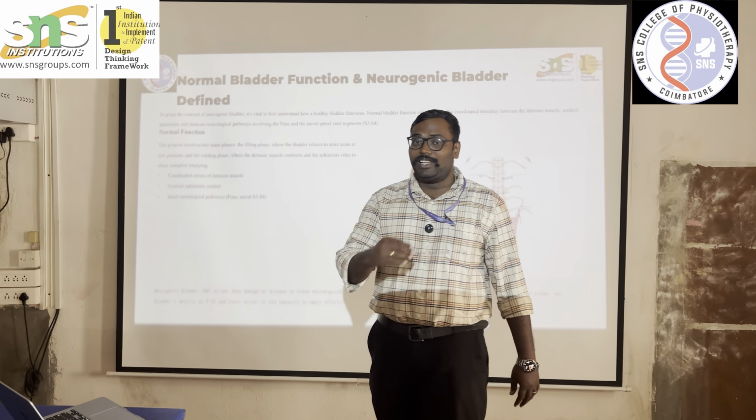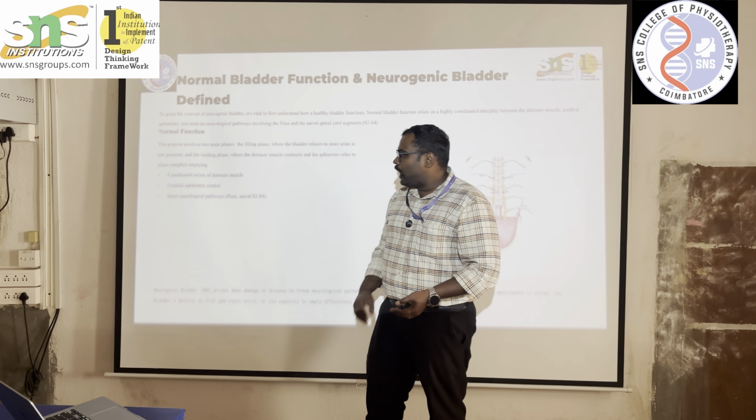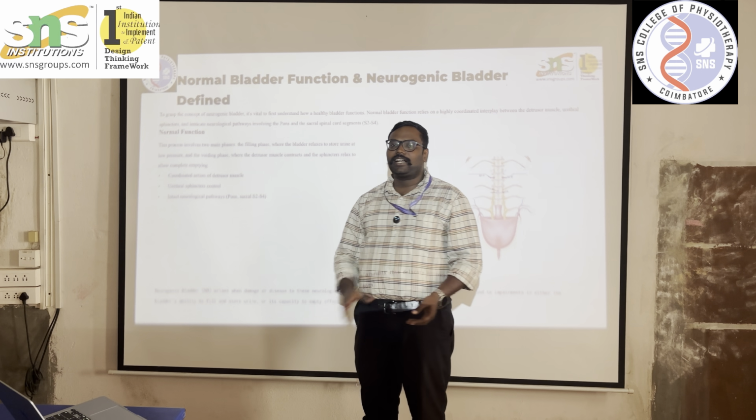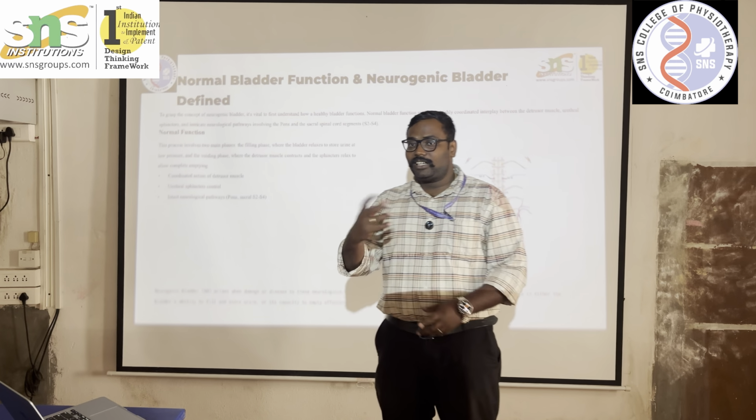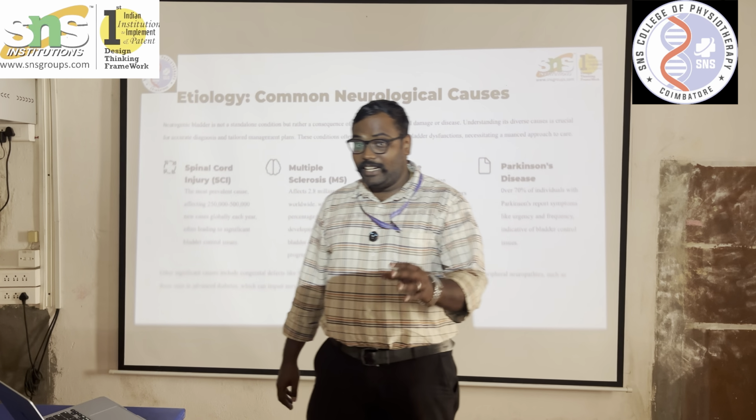The first is the coordinated action of the detrusor muscle and the urethral sphincters, the contraction, the filling phase and the relaxation phase. This is the pathway from the pons to the sacral S2 to S4. The pons area in the CNS, and from there the sacral pathway, controls the bladder.